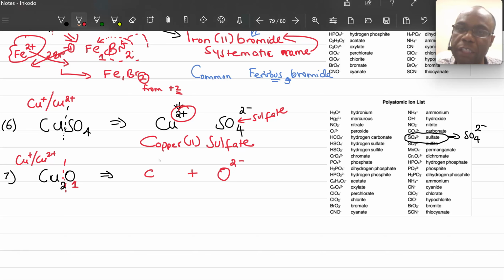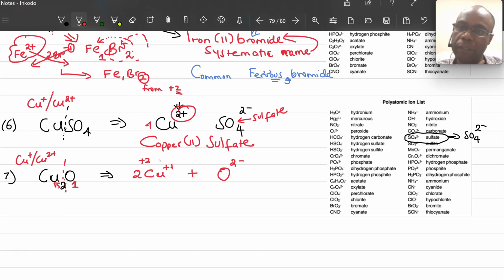So what charge must copper have to neutralize the 2 minus? The copper here, overall, the two coppers, I should say, you see, you have two coppers. The two coppers must have an overall charge of 2. So that means I just need to put plus 1 there. So that 2 times 1 gives you plus 2.